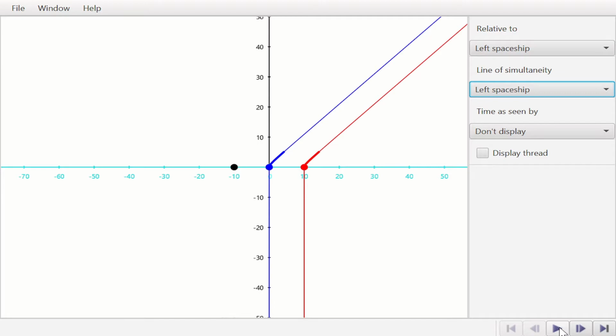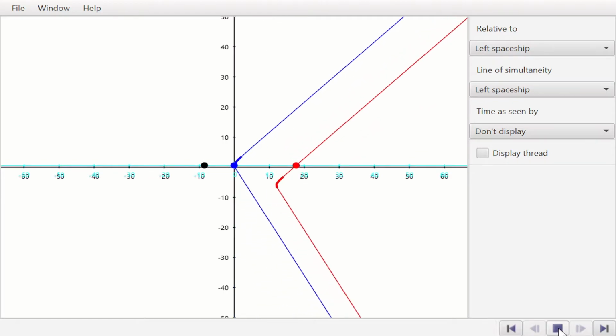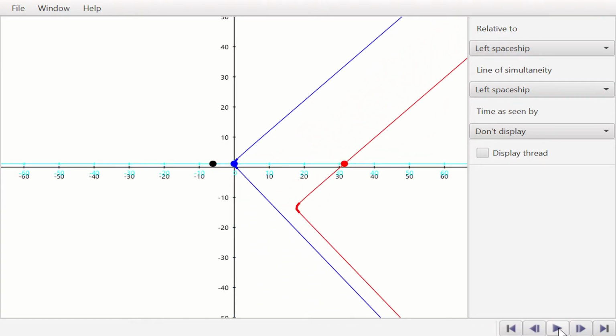And we'll start it off. Okay, so what we see is, from the blue ship's point of view, the red ship is indeed getting further away. So that would say, oh yeah, the thread would break.